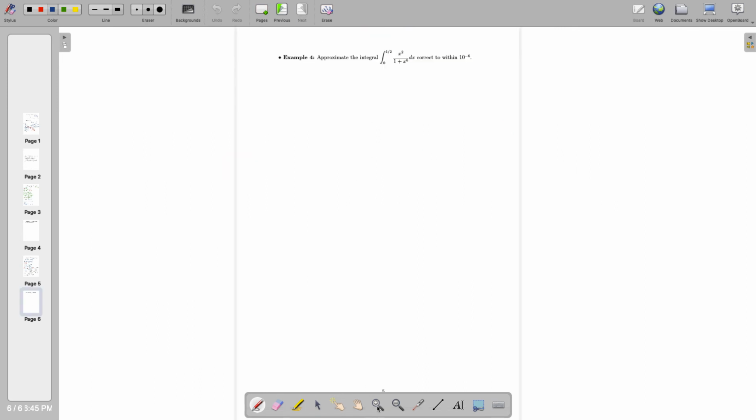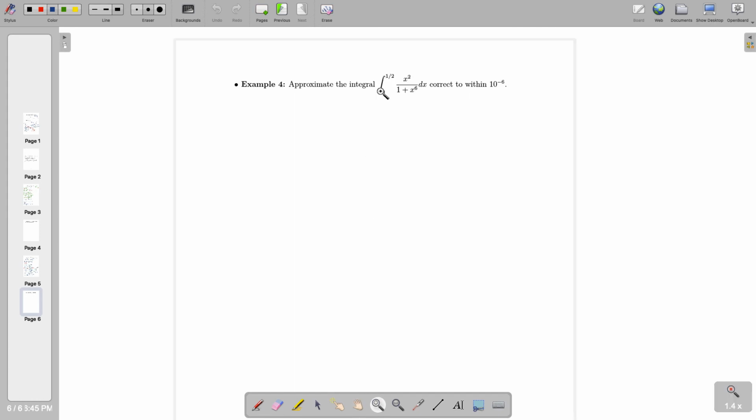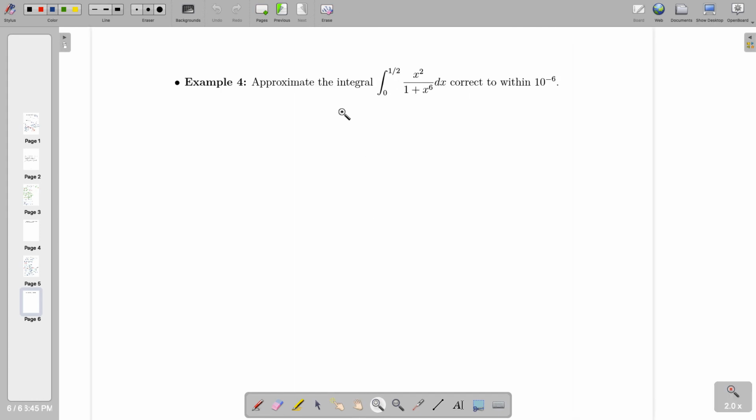All right, so the last example that we want to take a look at here is kind of a cool example. We're going to approximate this integral, and the deal with this integral is that it's not one that you're going to be successful at integrating with u-substitution or any of your other techniques that you learn in Calc 2.